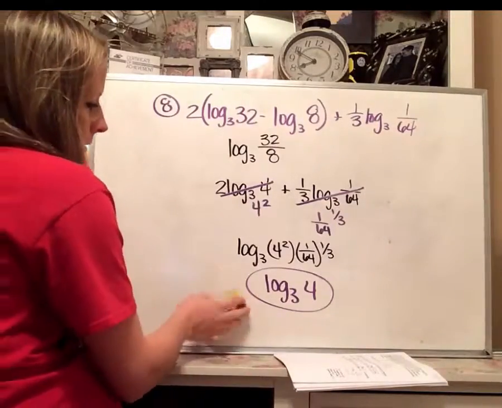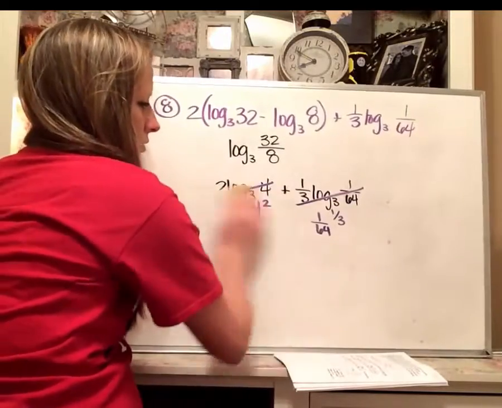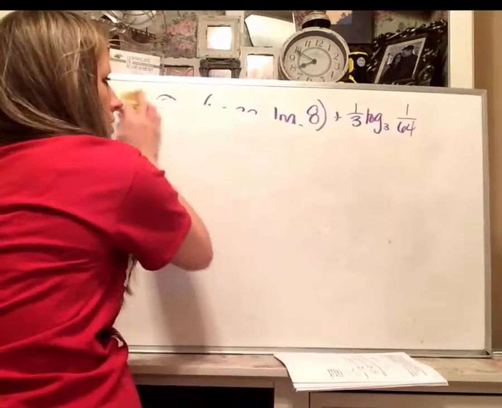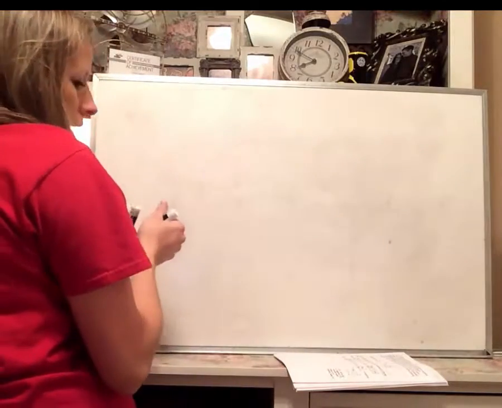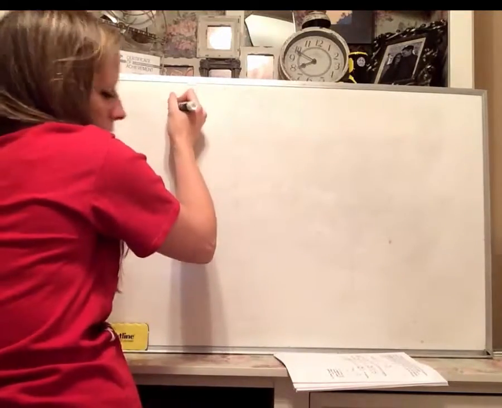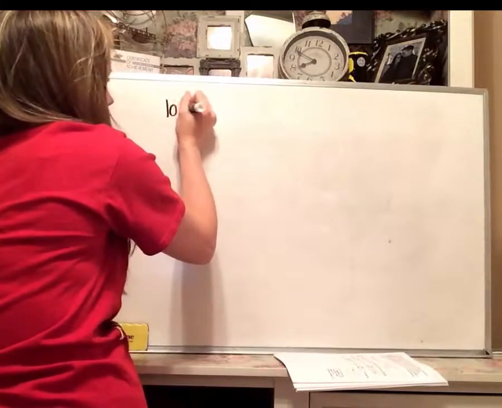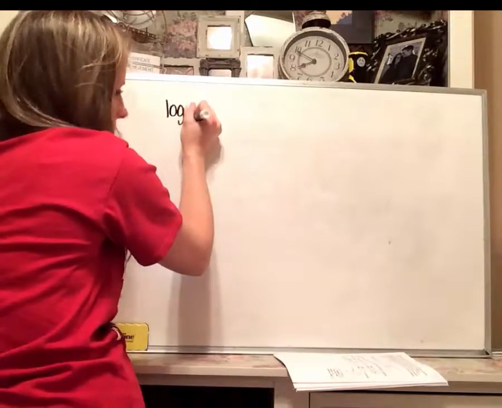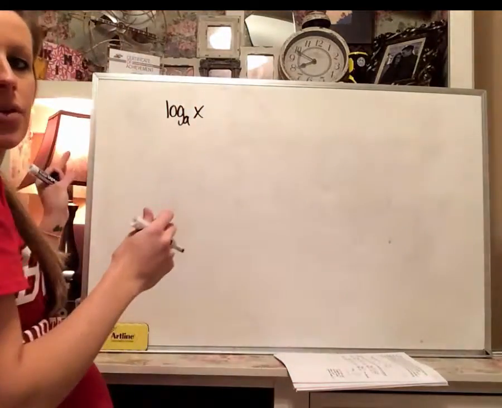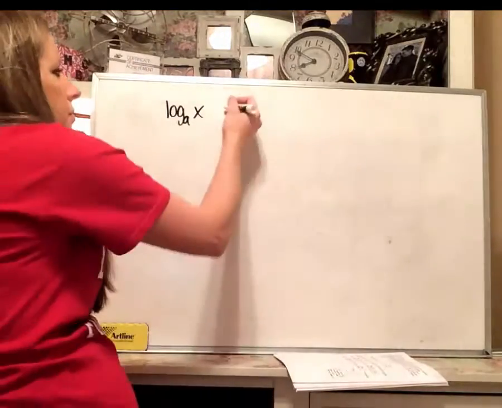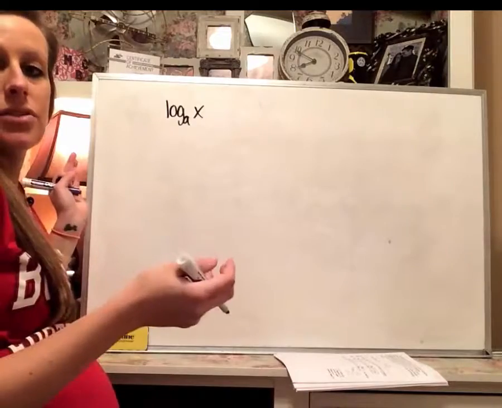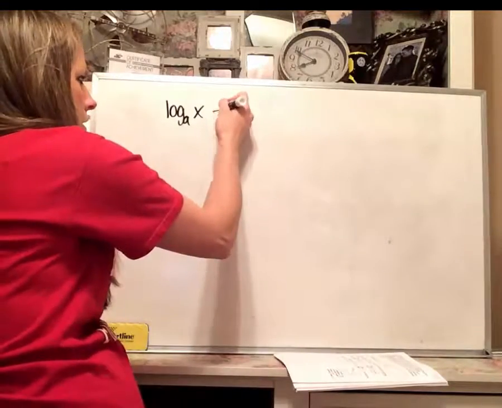So that formula is on there for you on your notes on that last page. And the formula is, let's see, log base a of x. So let's say you have a different base, we'll call it a, and you want to change it to a base of 10 so you can put it in your calculator.